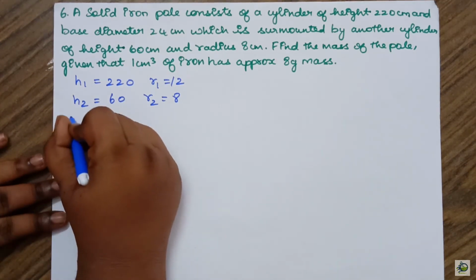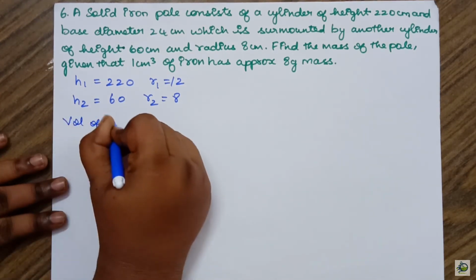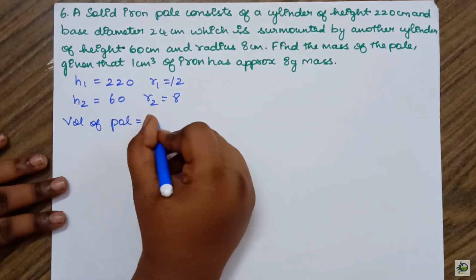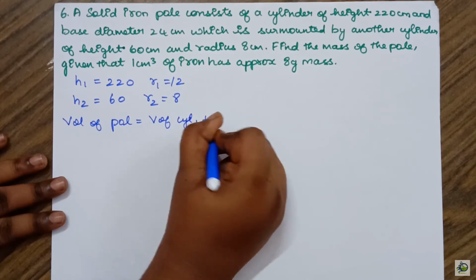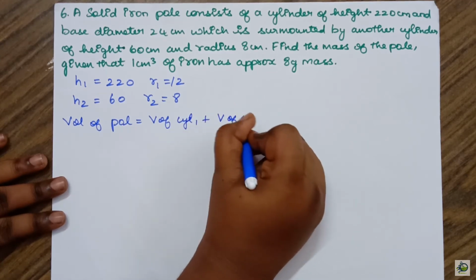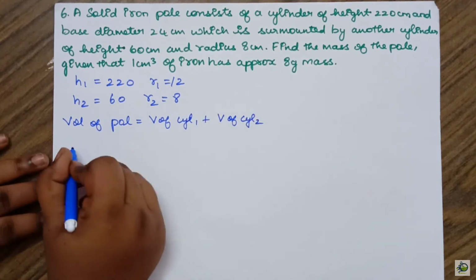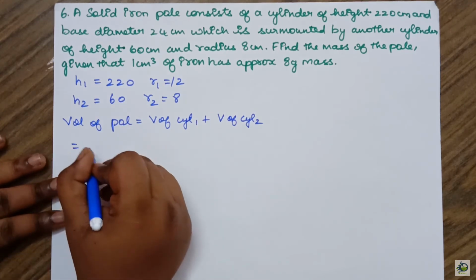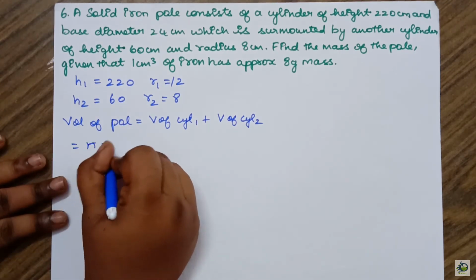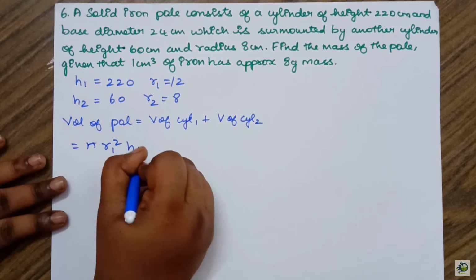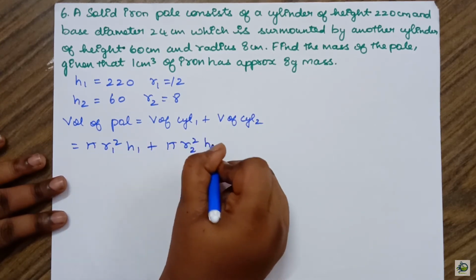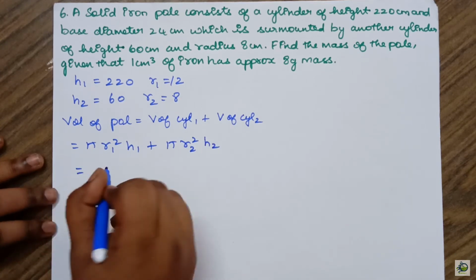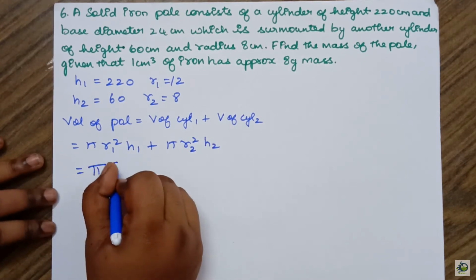So volume of the pole is nothing but volume of cylinder 1 plus volume of cylinder 2. So volume is pi R1 square H1 plus pi R2 square H2. So here I can take only pi as common outside.